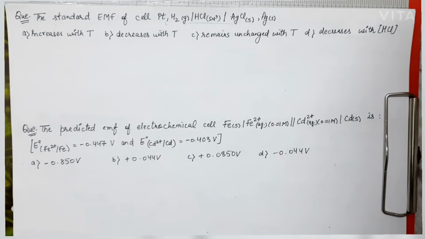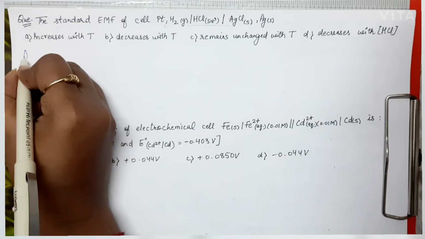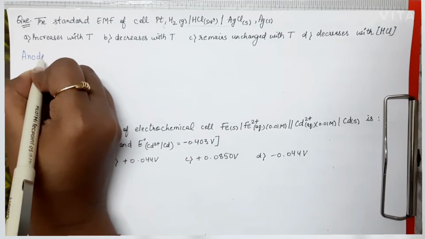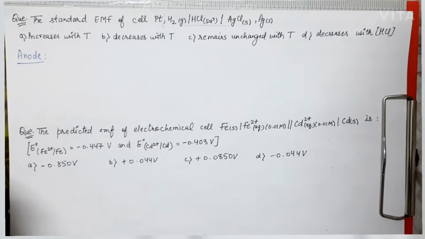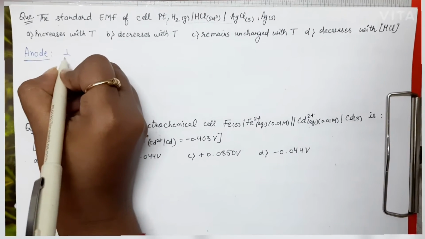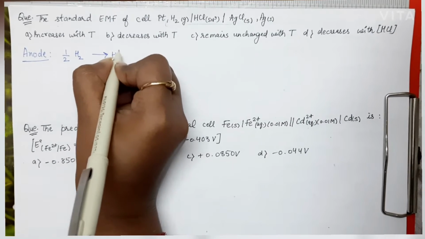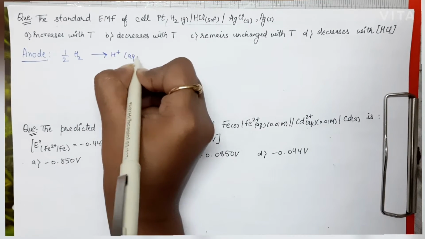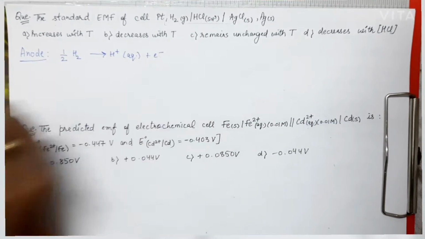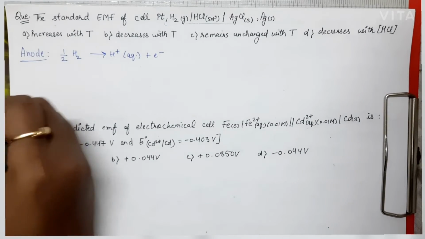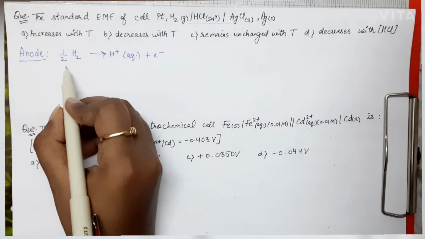concentration of HCl. So first we have to find out the reactions which are happening at anode and at cathode. So if I write about the reaction which is happening at anode, then it will be this will be the reaction happening at anode.